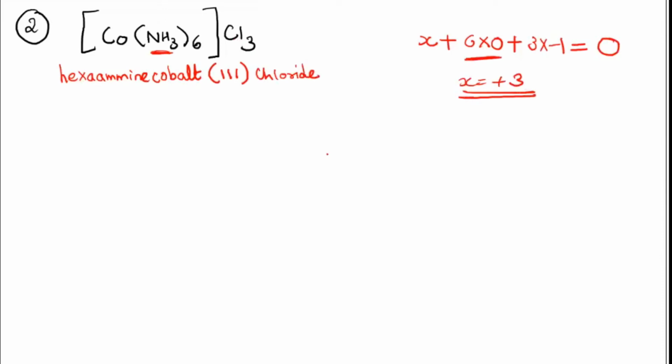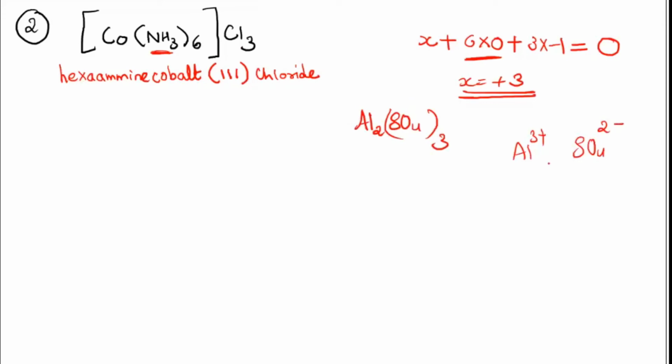Now here you can get one confusion, saying that, ma'am, there are 3 chloride ions. Why did you write only chloride? See, that's because suppose I have this particular salt Al2(SO4)3. Okay, now how has this salt been formed? Because aluminium charge is Al 3 plus and sulfate is SO4 2 minus.